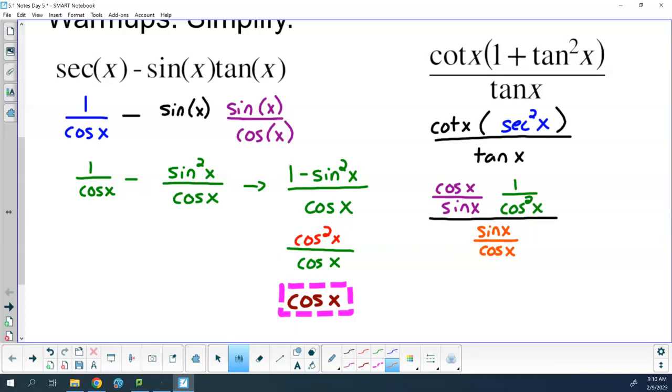Key change: flip. The two cosines on the top cancel out the two cosines on the bottom.